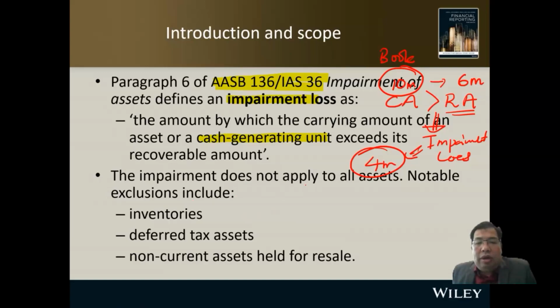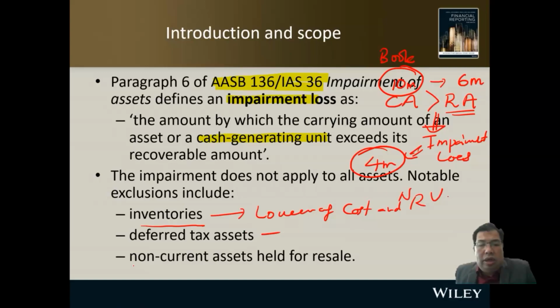The impairment test does not apply to all assets. Notable exclusions are inventory. We don't calculate impairment loss for inventory. Inventory normally follows the lower of cost and net realizable value. Also excluded are deferred tax assets, as well as non-current assets held for sale.